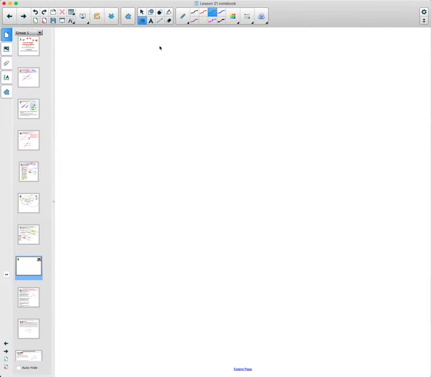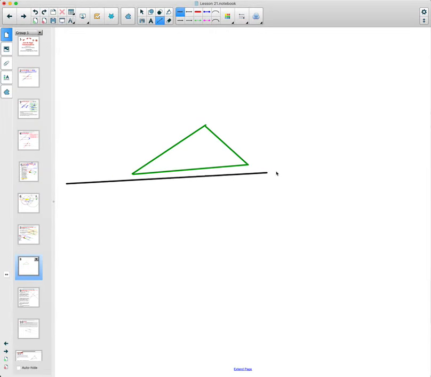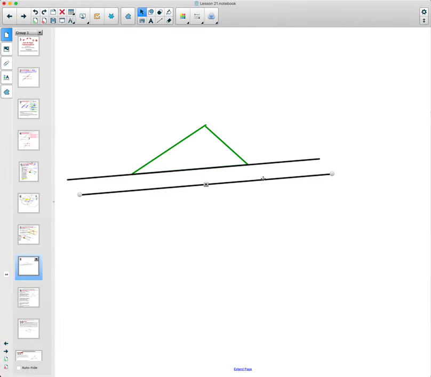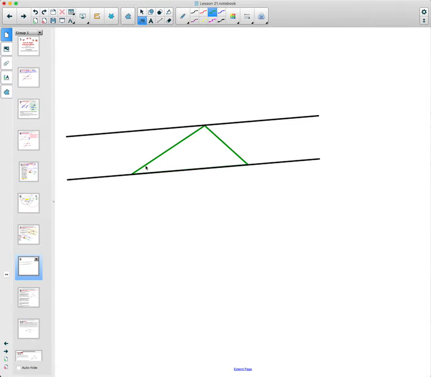So if I had a different triangle, let me just get a different triangle drawn on here. So if we draw this line here, okay, if I were to move this up, when I move this alternate interior angle up, this alternate interior angle will go to here.